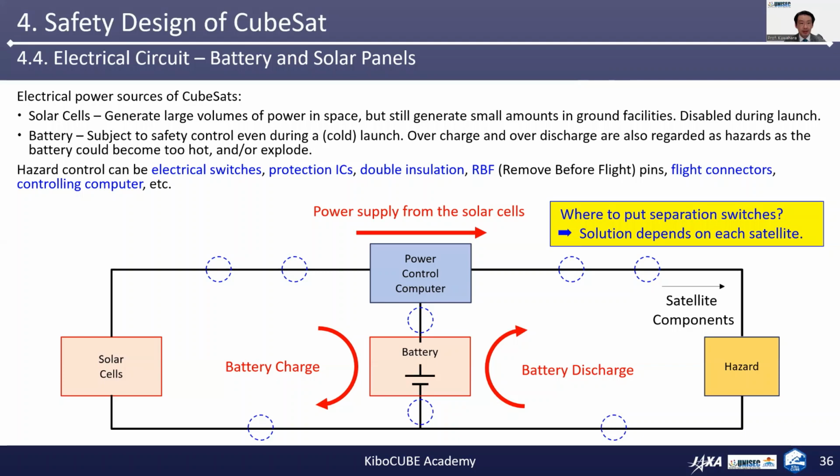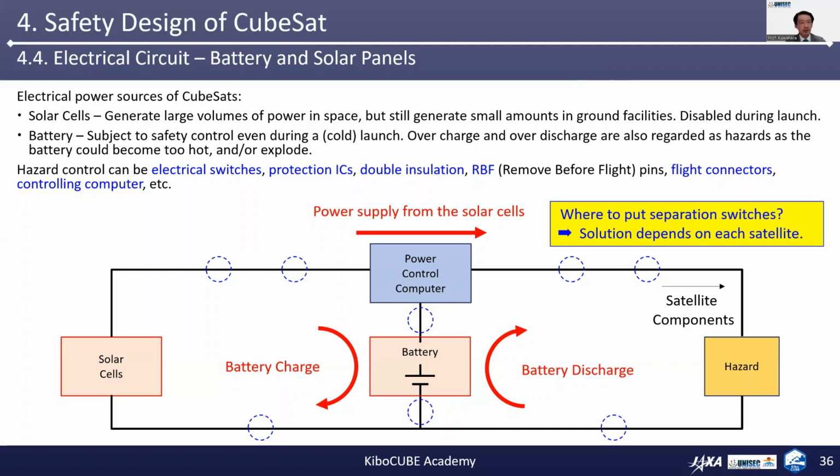Another one is the battery, which is subject to safety control even during a cold launch. So overcharge and over-discharge are also regarded as hazards, as the battery could become too hot and or explode. The safety design of the electrical circuit of the satellite should be valid for both of these electrical power sources.